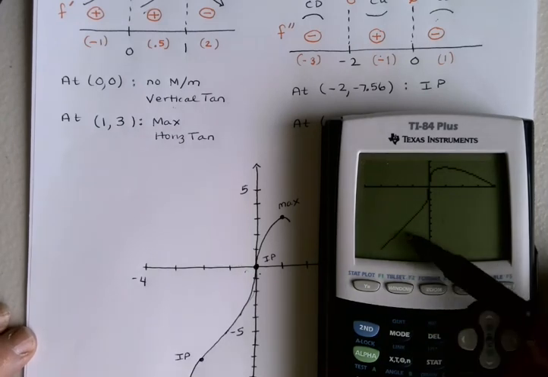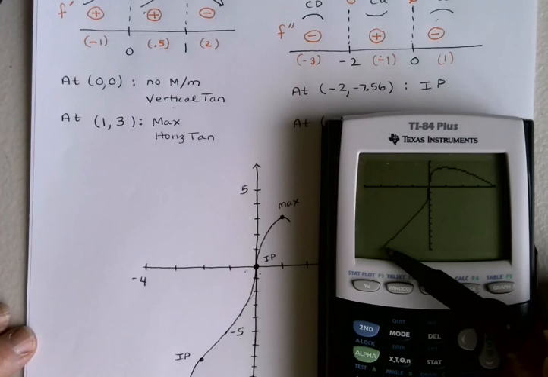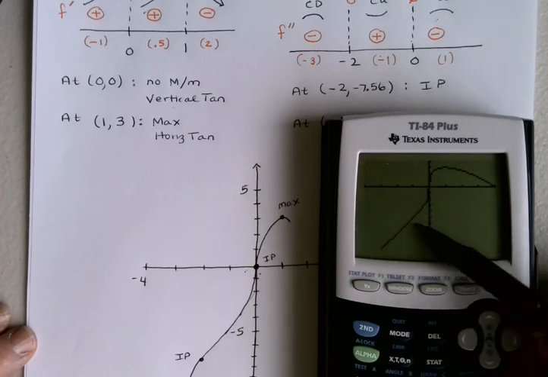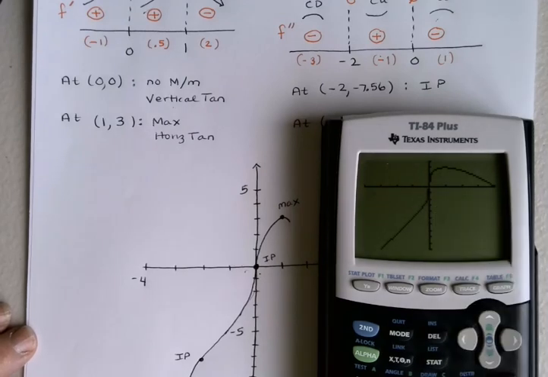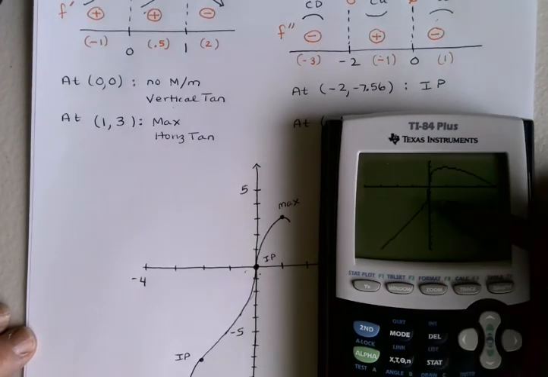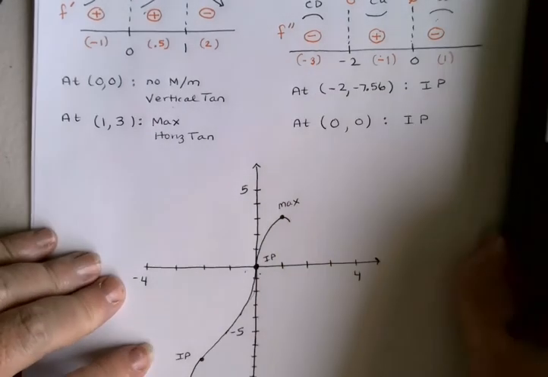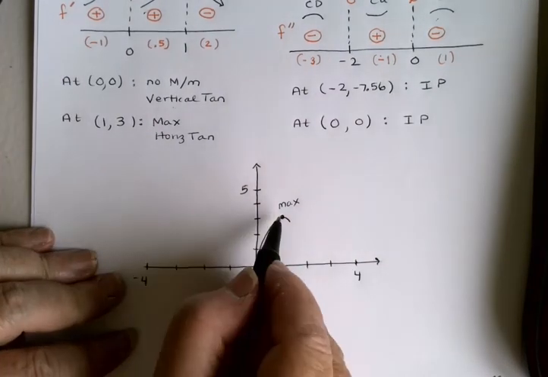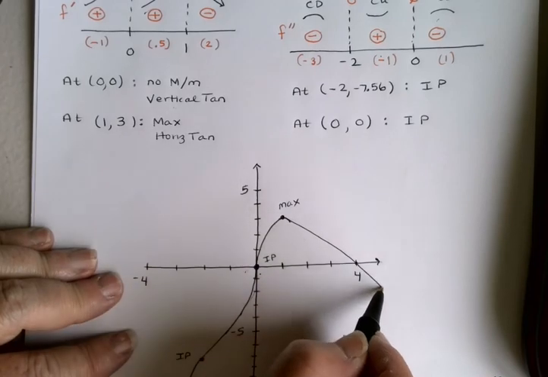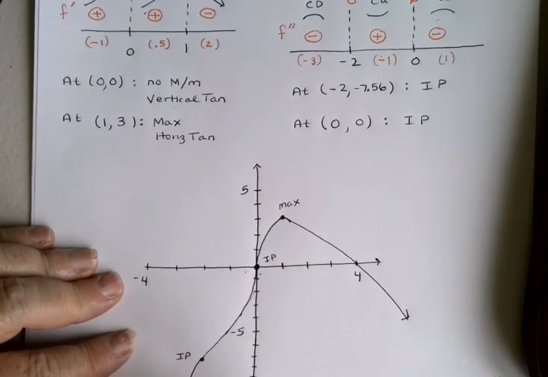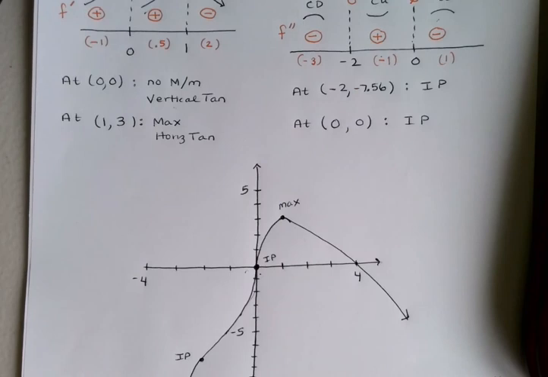Again, although it looks somewhat straight, you can just barely start to see there's that concave down part. And then concave up, it's a little bit more dramatic of an angle than when I made it, but you can really see it go vertical in here and then hit that maximum. Doesn't cross until 4 again, so actually my graph's going to come down like this. All right, and there we go.